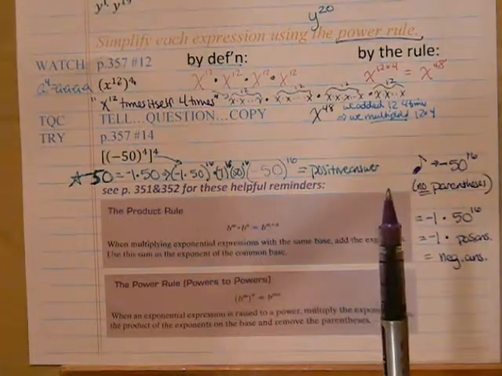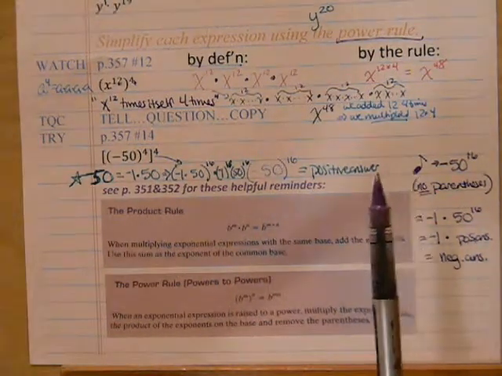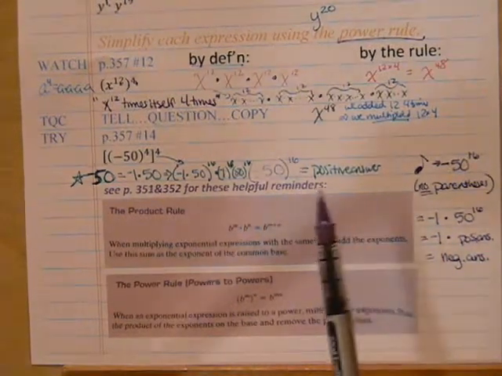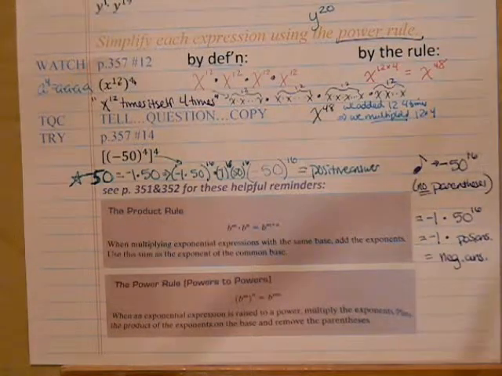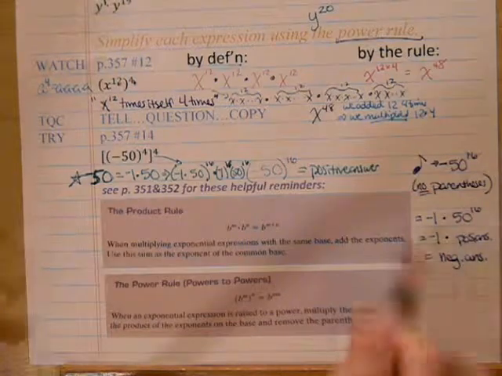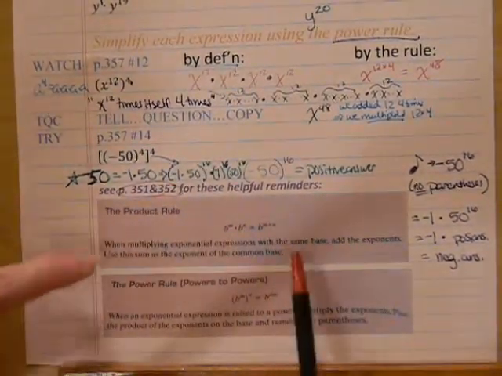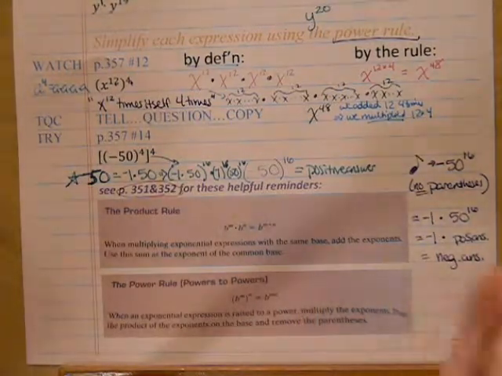If you run out of book problems to do, go to the Student Learning Center, go online, find as many product rule and power rule exercises as you can till you get really confident and it becomes second nature to you. In the book, pages 351 and 352 have the versions of the product rule and the power rule.